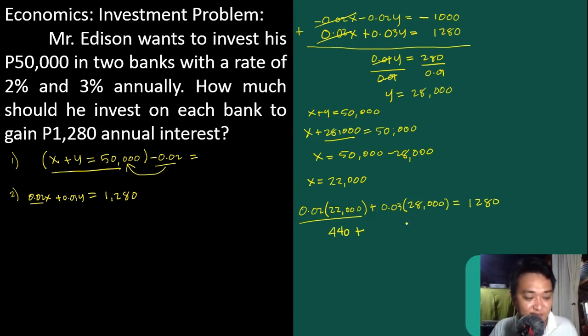So, 0.03 times 28,000, that will be 840. Now, 840 plus 440, that will be 1,280. Yan. 1,280. So, we are correct.